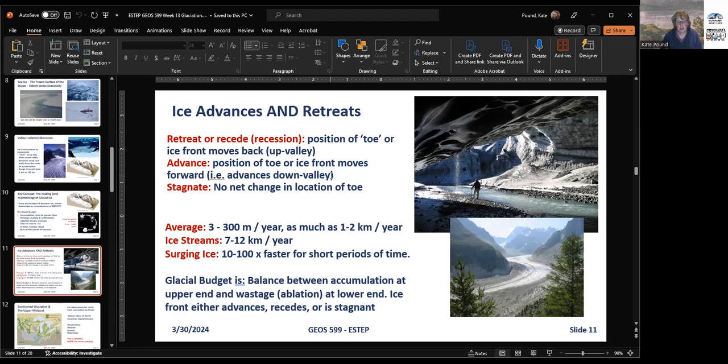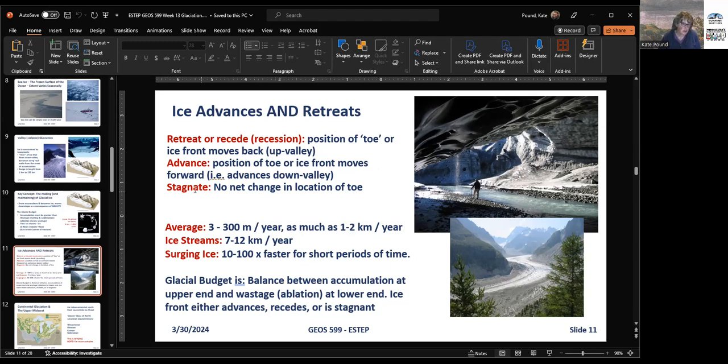Now, I'm introducing the glacial budget and retreats and advances in the context of alpine glaciers, but continental glaciers do the same thing. They have lobes that extend out from the main body of ice, and those ice lobes retreat and advance based on whether we've got more or less accumulation versus ablation.